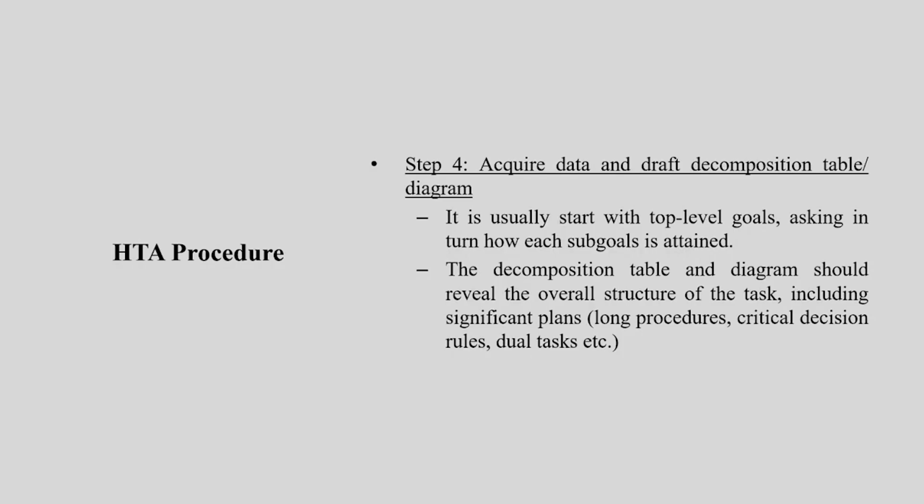Whatever specific significant plans are involved in the whole task, that has to be incorporated in this diagram. So, long procedures, critical decision rules, if there are dual tasks to be performed, everything has to be present critically and in detail. Okay, detailing is very important.